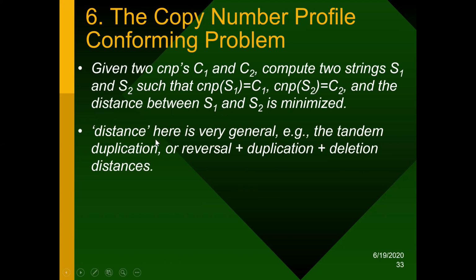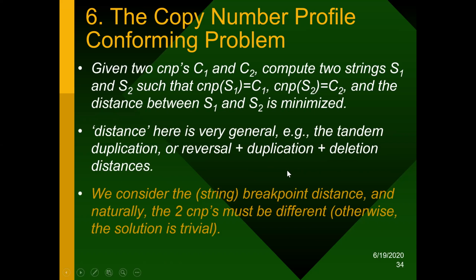The distance, as I put earlier, is pretty general. It could be tandem duplication distance or reversal plus duplication plus deletion distance. So here we consider the string breakpoint distance, and naturally the 2 CMP C1 and C2 must be different.